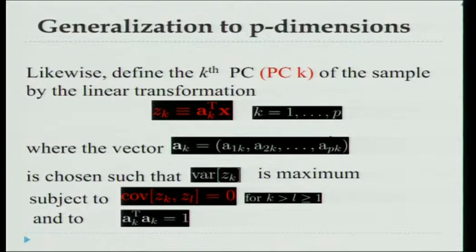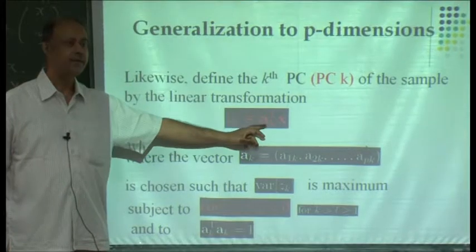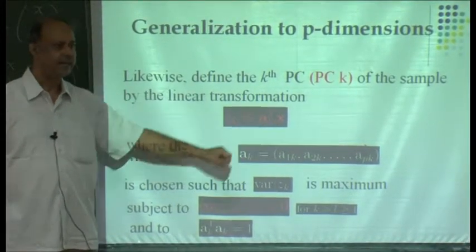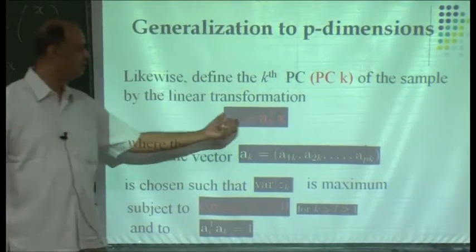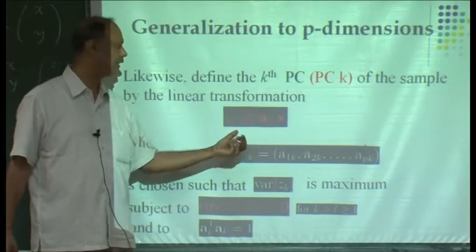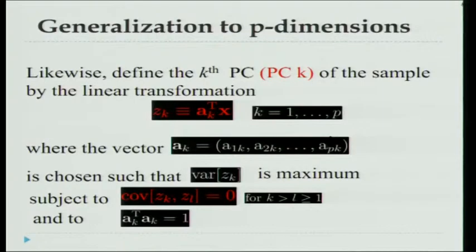Now what happens next? If I want to find the kth principal component, I will be finding Zk, in the same way, Ak transpose x. Now you have to select this vector with the condition that the variance of Zk is maximum, but of course must be less than that of Z1, Z2, up to Z(k-1).